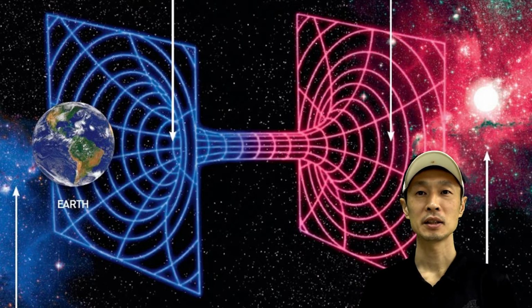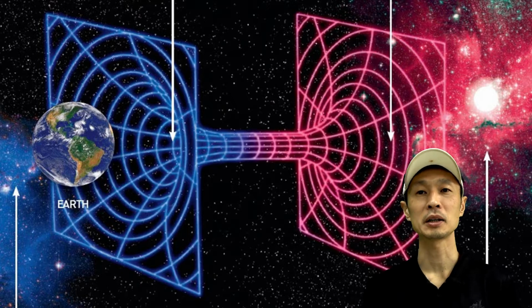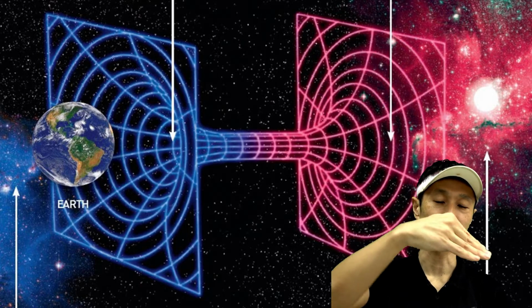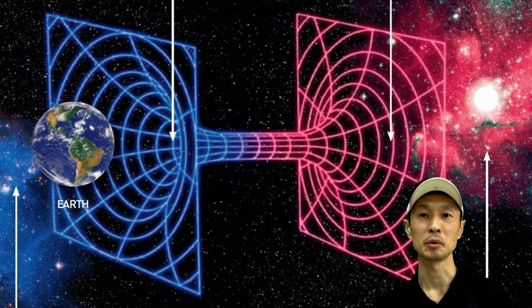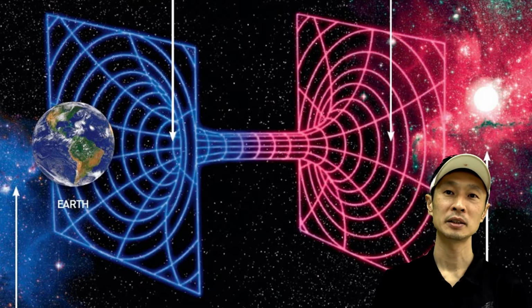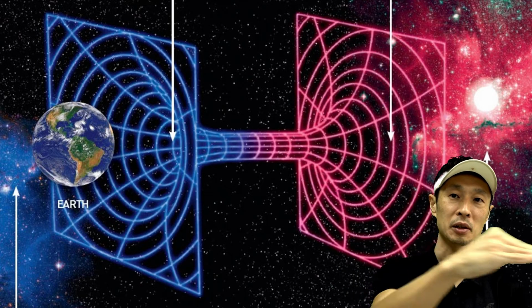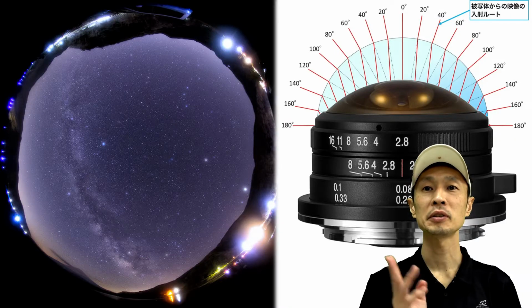All the light from the red side, at all angles from 0 degrees to 100 degrees, is bent and then goes into the wormhole. All the light, from 100 degrees, 0 degrees, 90 degrees, because the space is curved, goes into the wormhole. This is very similar to a fisheye lens.